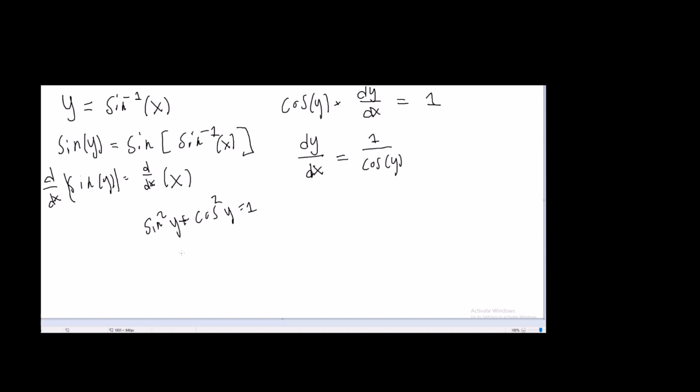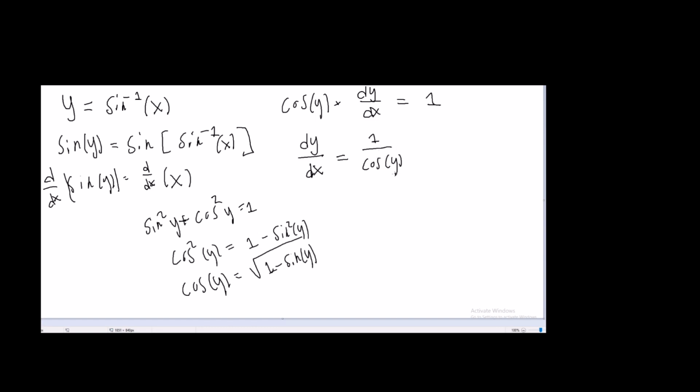Then cosine squared of y is equal to 1 minus sine squared of y, and we take the square root of both sides, and we'll see that cosine of y is equal to the square root of 1 minus sine squared of y.